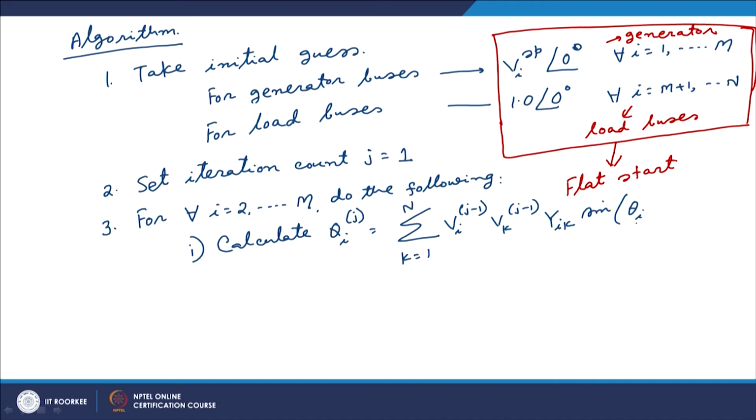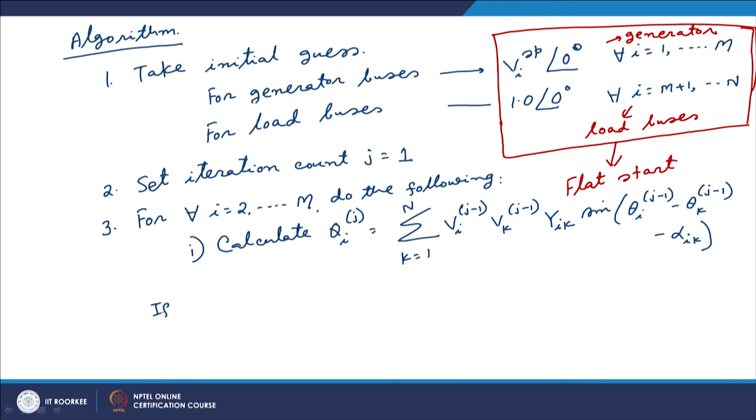So I have got only the previous value, it should be j minus 1, minus theta k. Again for this also I have got only the previous iteration value, and alpha ik is the angle of the ikth element of the Y bus matrix. So, this is constant. So, with this we first calculate Qij.